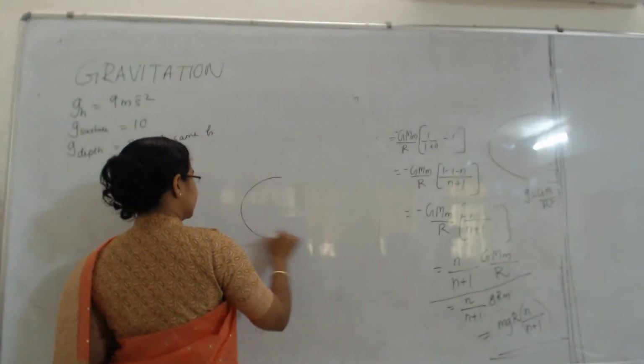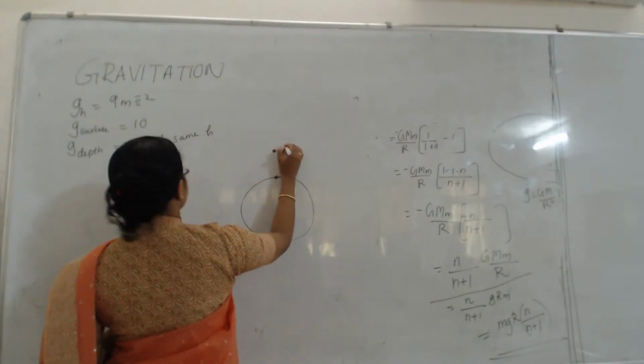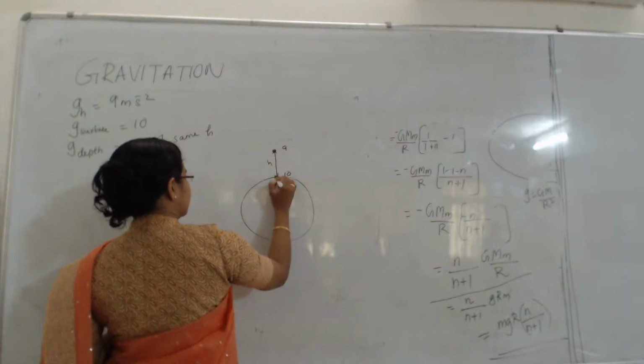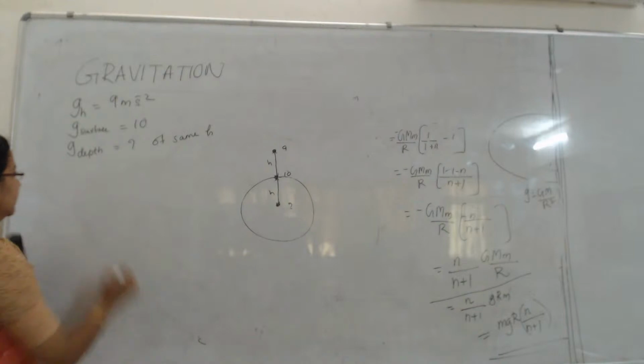For example, I can just make it like this: surface is 10, this point it is 9, what is this? What is this h? The same h should be here. What is the value here? That's the question.